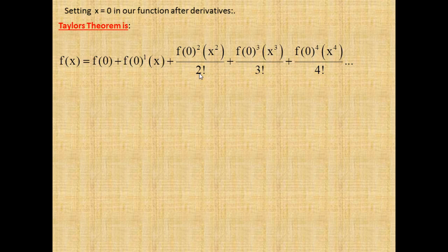2 factorial is 2 times 1. Plus the third derivative, where x is set equal to 0, times x cubed divided by 3 factorial. 3 factorial is 3 times 2 times 1. And plus the fourth derivative set at 0 times x raised to the power of 4 divided by 4 factorial. 4 factorial is 4 times 3 times 2 times 1.